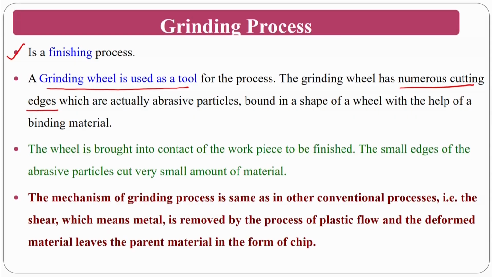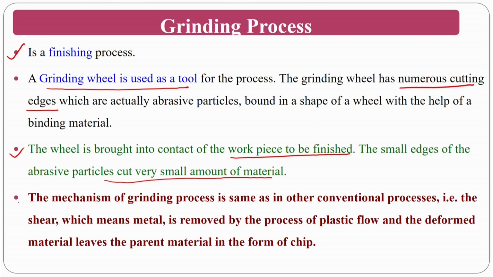The wheel is brought into contact with the workpiece to be finished or machined. The small edges of the abrasive particles cut a very small amount of material. So it shears a very small amount of the workpiece material, which is given as the depth of cut.